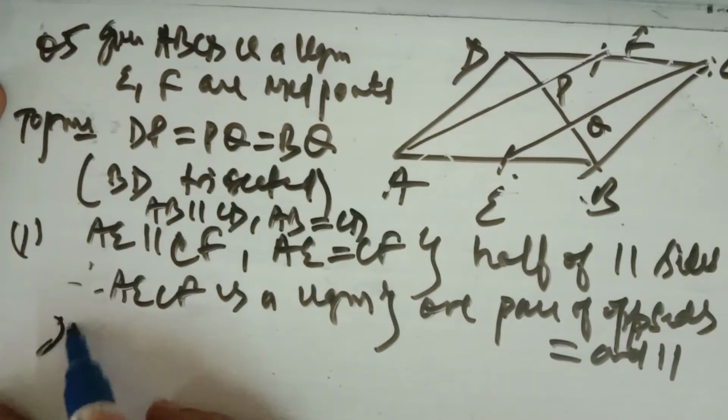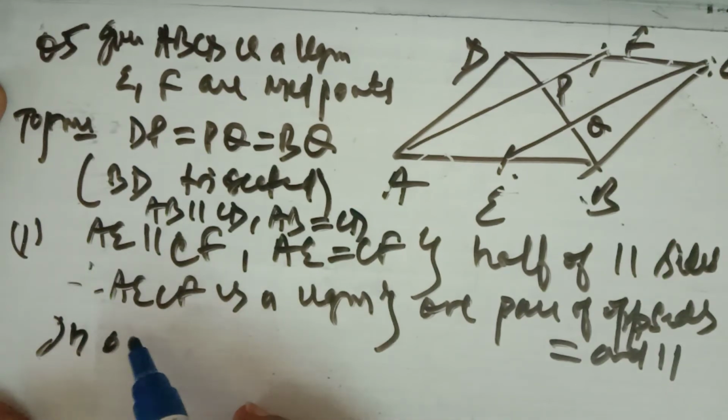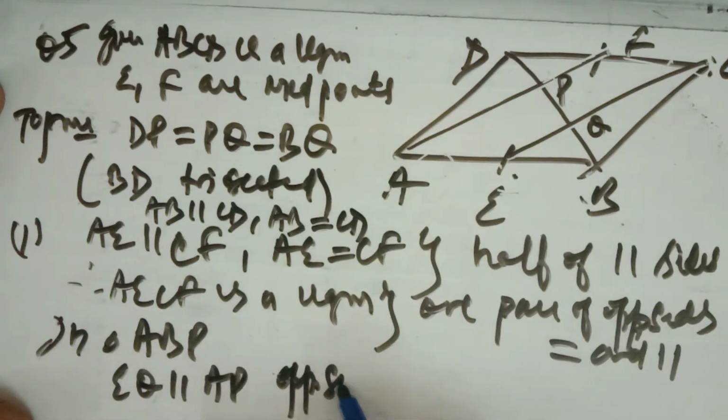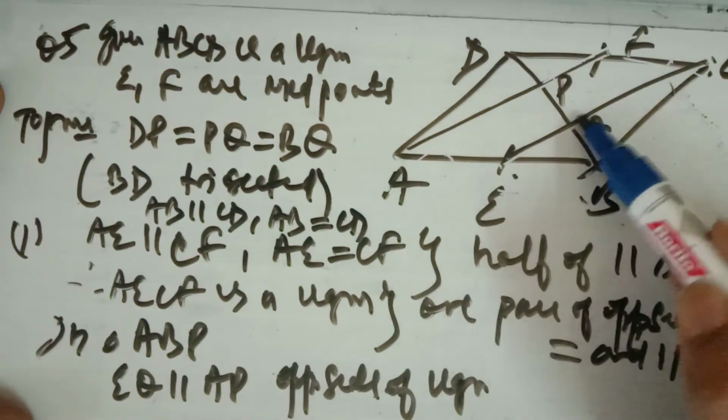Now in triangle ABP, see it very carefully, EQ is parallel to AP, opposite sides of the parallelogram. Because this is a parallelogram, this is parallel to this.